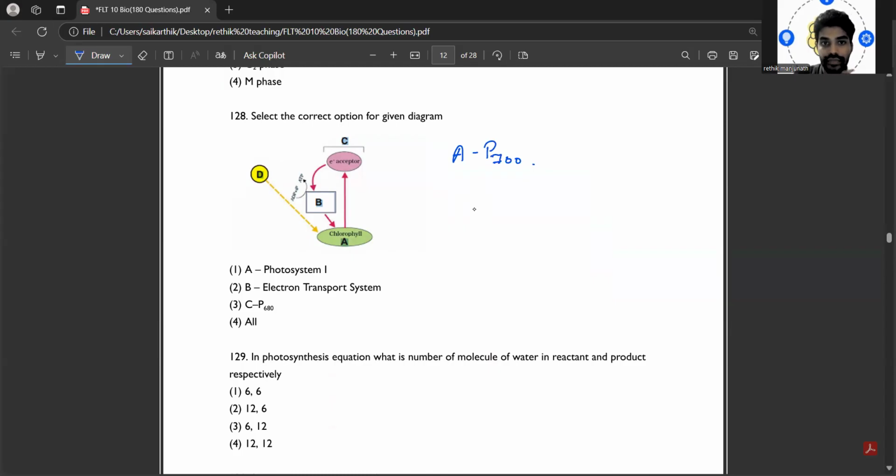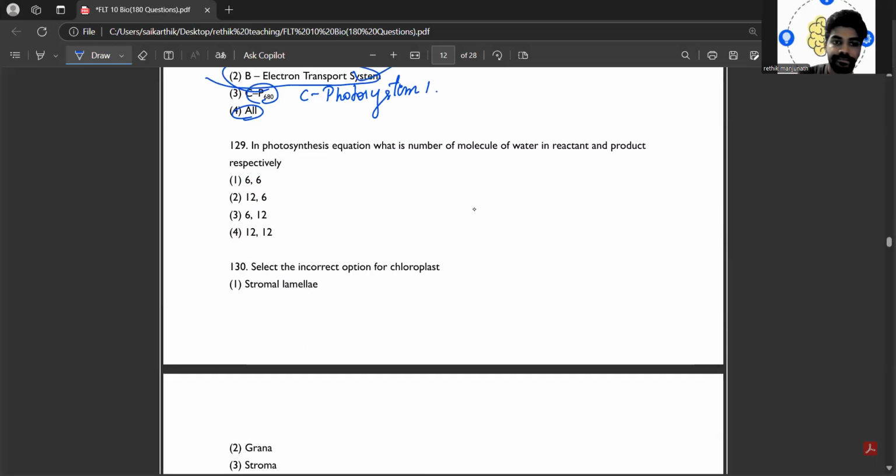So the statement, select the correct options for the given diagram. So this is wrong. Then C will be the photosystem one. So this one, that is the second option, is correct.